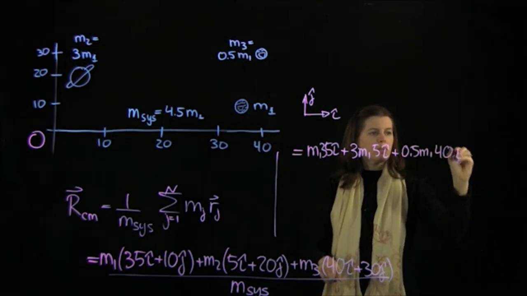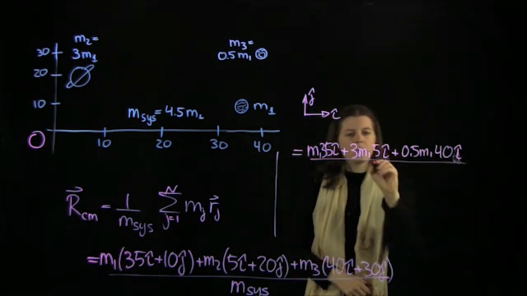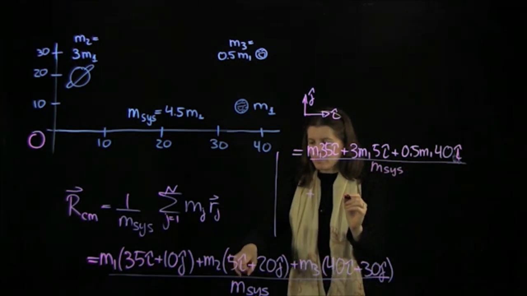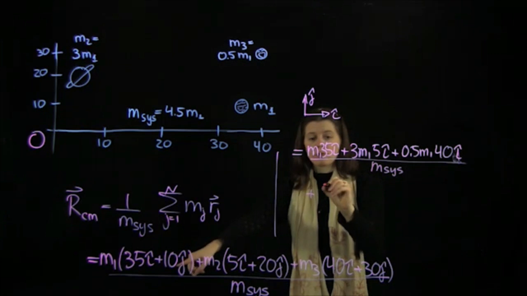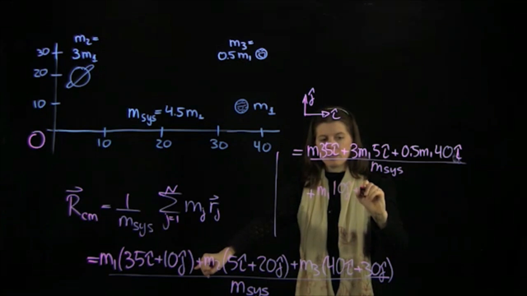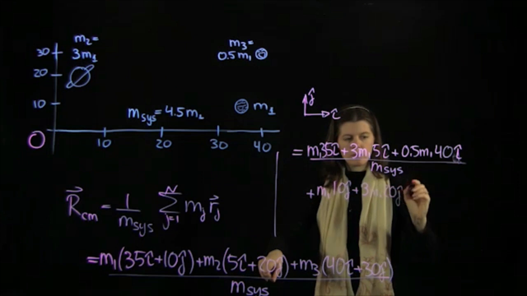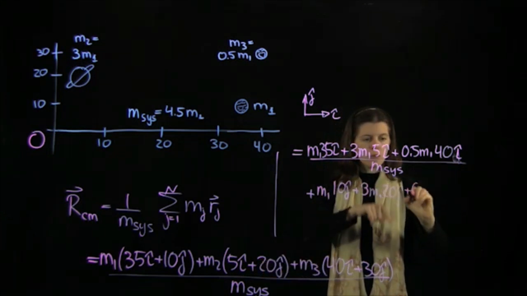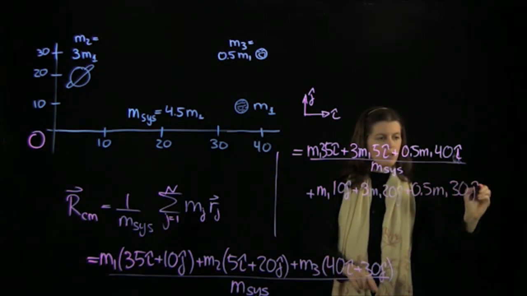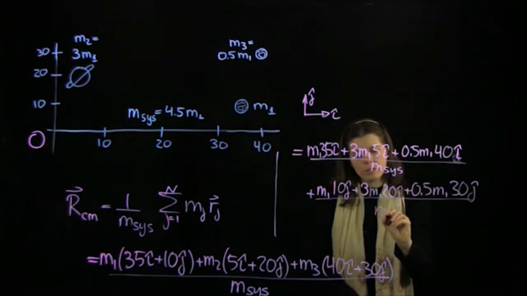That's in the i hat direction. And we'll have to divide that over our system mass, and then we do the same for the y component. So m1 times 10 plus 3 m1 times 20 plus 0.5 m1 times 30 j hat. And again, we have to divide this over our system mass.